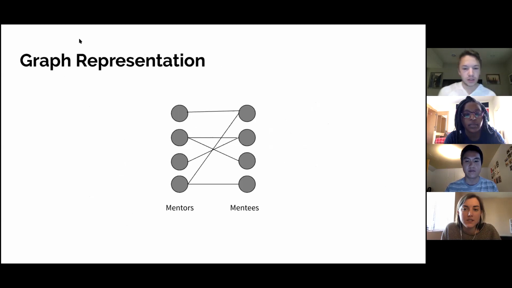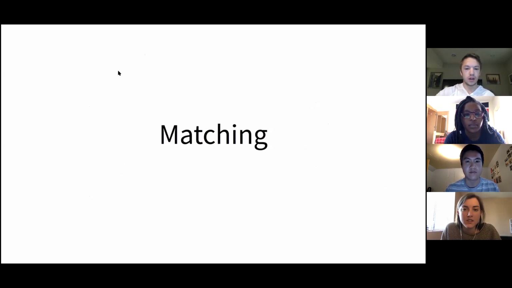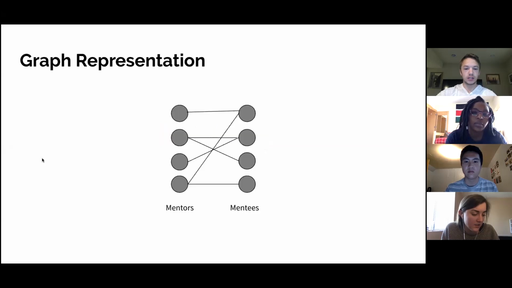Yeah, so as Robert had mentioned, after we've made all this original setup between the mentors and mentees, then we actually go into the matching phase of the process. Next slide. And yeah, so this is the way it's being represented.